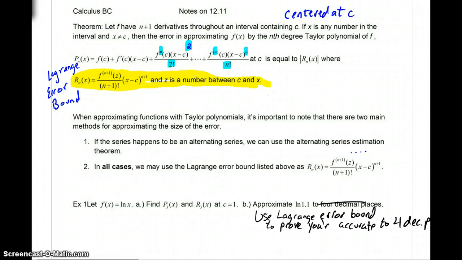If x is any number in that interval, and x is not c itself, the error in approximating your function by an nth degree Taylor polynomial, and remember this nth degree Taylor polynomial is written right here, p sub n of x, is going to, of course, be an nth degree polynomial.